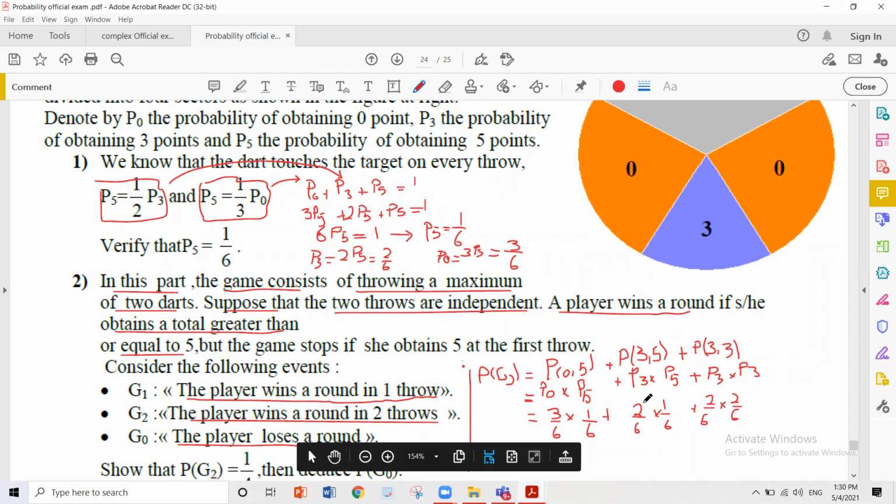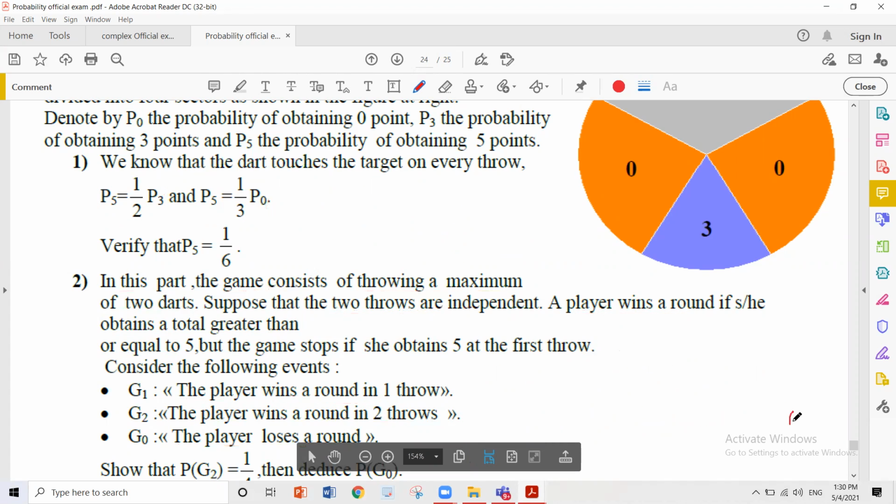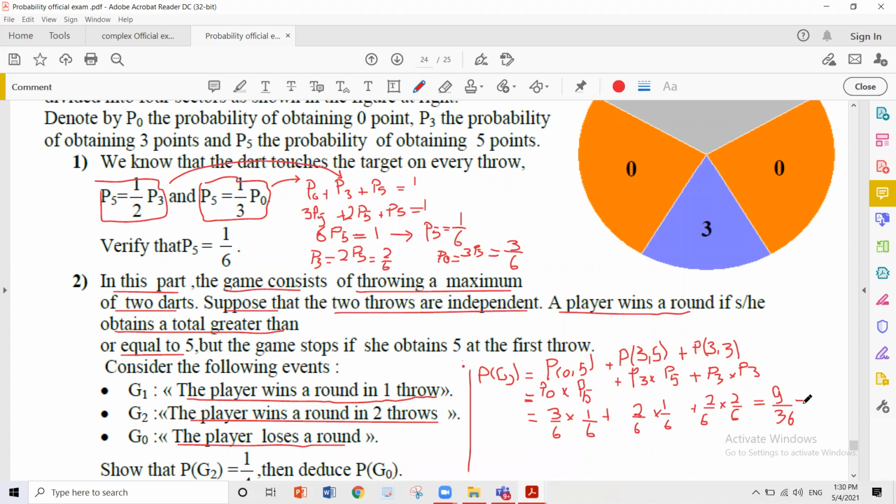Two times 2 is 4, plus 2 is 6, plus 3 is 9/36, which equals 1/4.